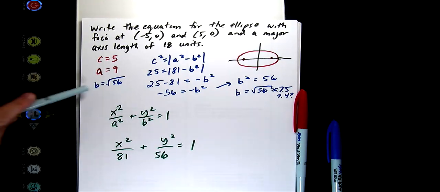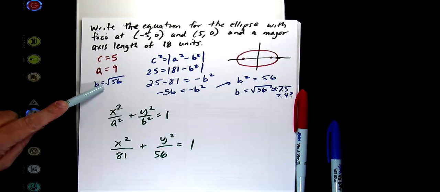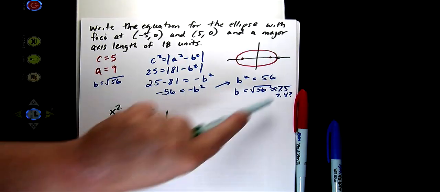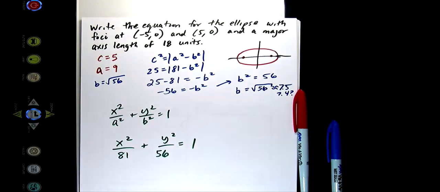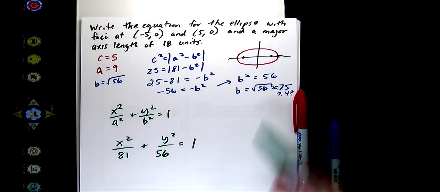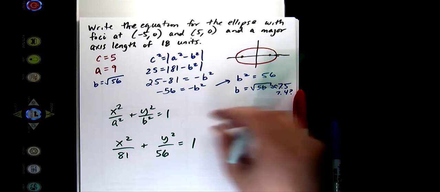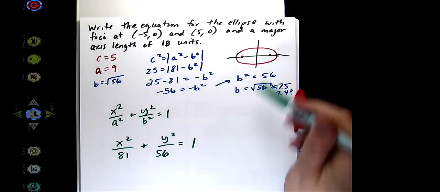That's why we want to leave b as a square root, because the square of that is really easy to find. The square of a rounded decimal is a calculator thing, and if you round it anywhere, you're not going to get back to 56. But the actual answer is b squared is 56. We saw that right here. In fact, I even had it written down. B squared is 56.